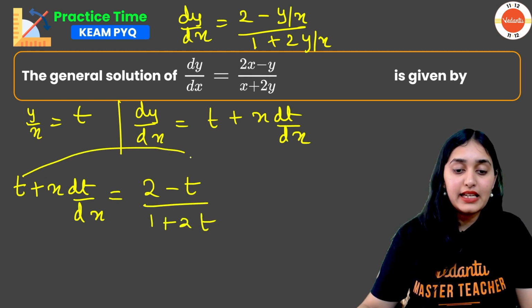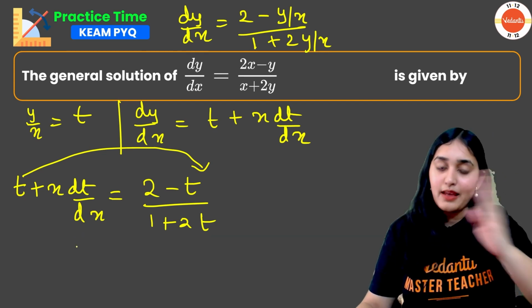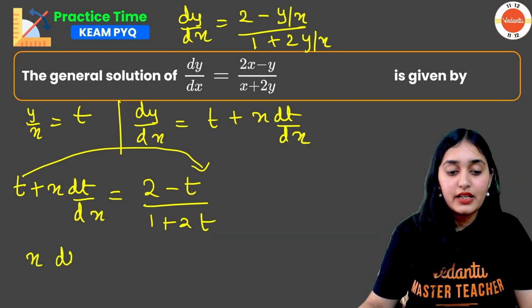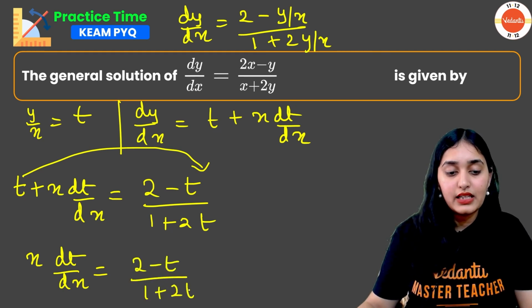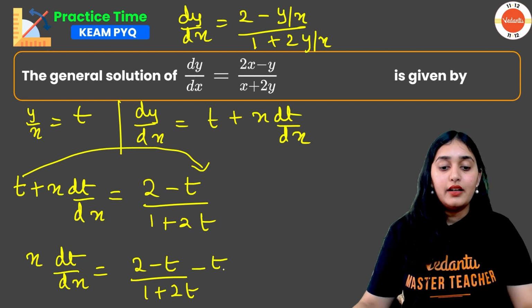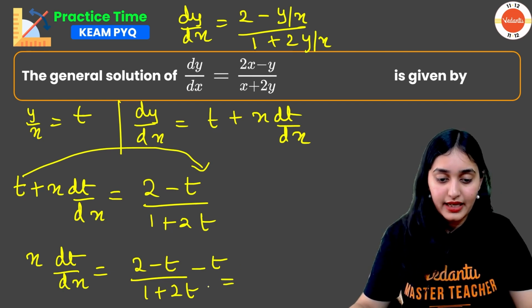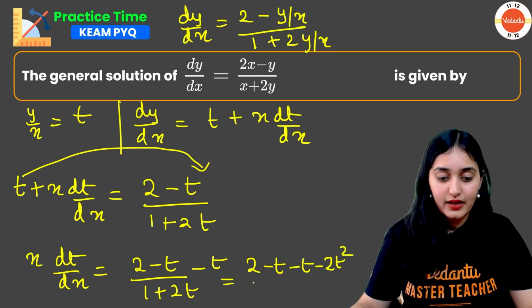Now bring this t on this side, variable separation. So x into dt by dx is equal to 2 minus t upon 1 plus 2t minus t. Take out LCM, you will get 2 minus t minus t minus 2t square upon 1 plus 2t.